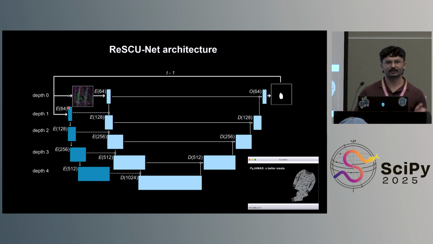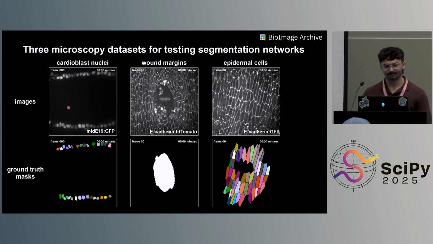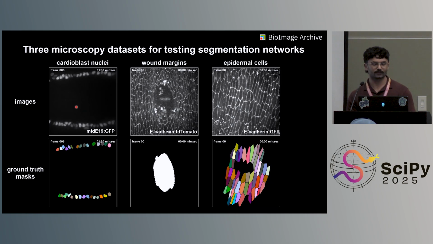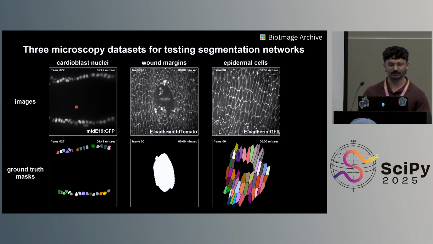And we have implemented these networks in our lab's Python-based image analysis software, Pajamas, which I will come back to promote later. And in order to test these networks, we also assembled 3 different microscopy video data sets, all of which were acquired in our lab. The first one is those cardioblast nuclei that you saw before.